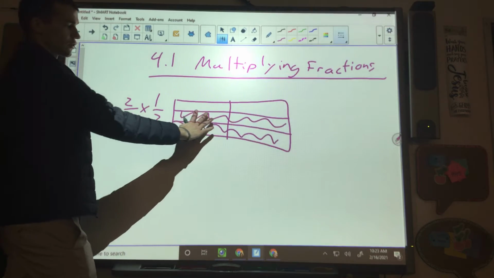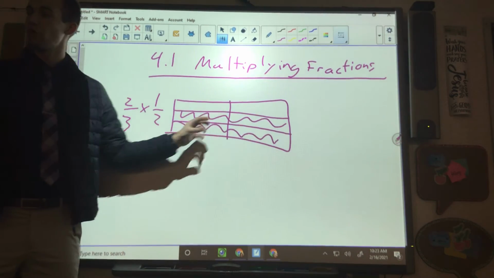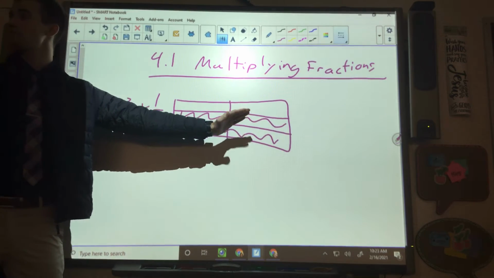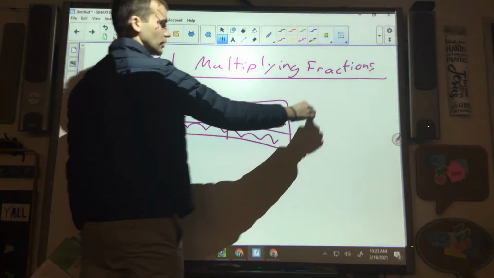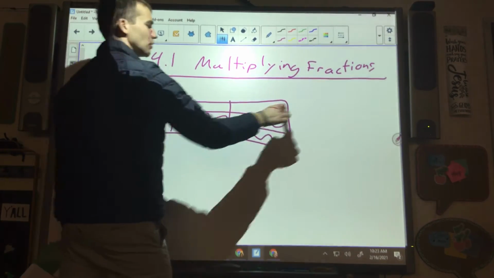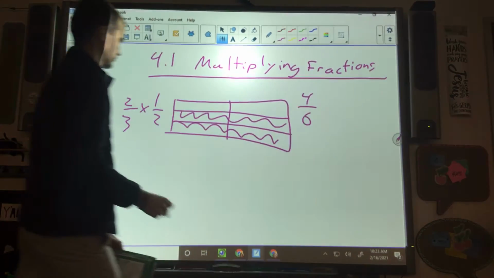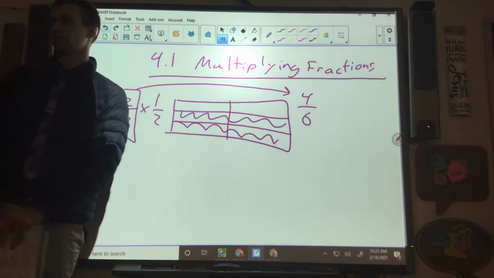They're saying you're taking half of what you're filling in overall, because those 2 parts became 4 parts. So what you have here is not 2 out of 6, you have 4 out of 6. What do we know about 2/3 and 4/6?